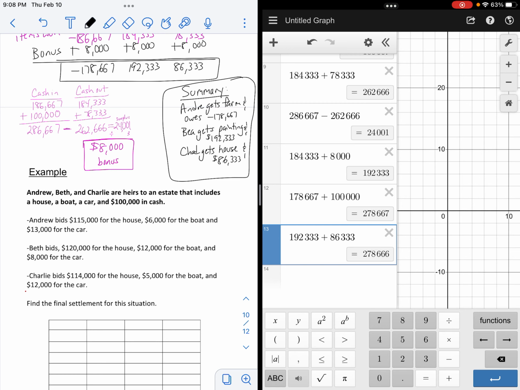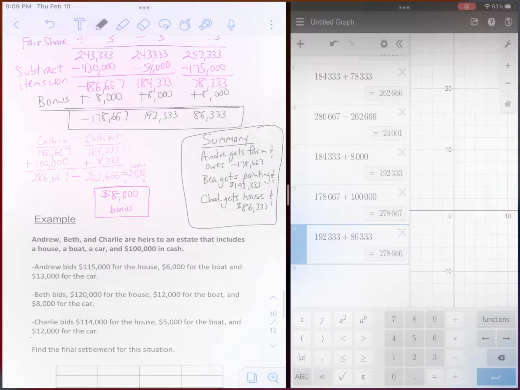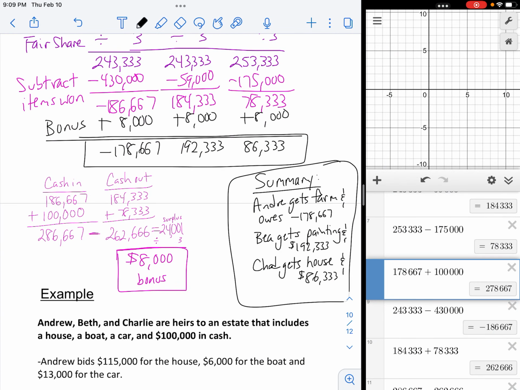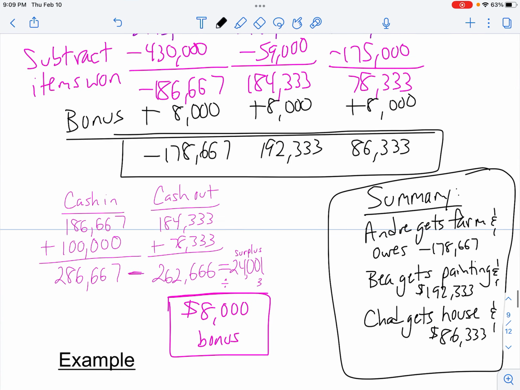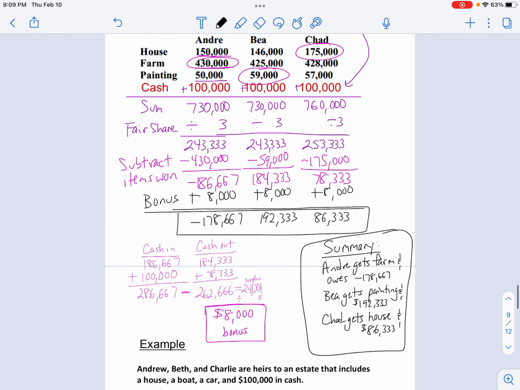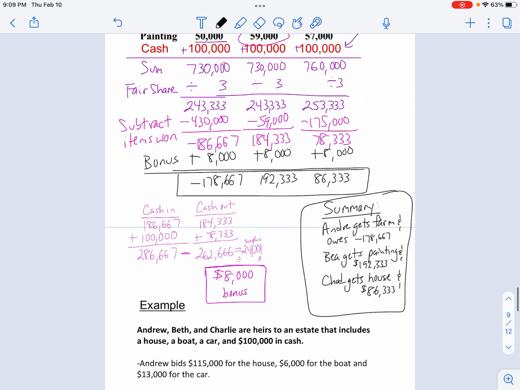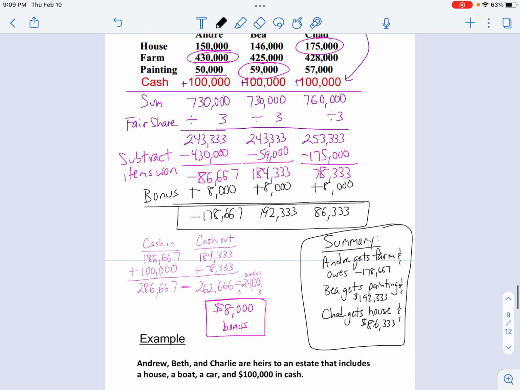So that means that all the money that was in the estate, which was the $100,000 plus what Andre paid in, is getting paid out of the estate to B and Chad, who are receiving money. And it comes down to basically a $1 difference, but that $1 difference is due to rounding, so it's just ignored. It's negligible.